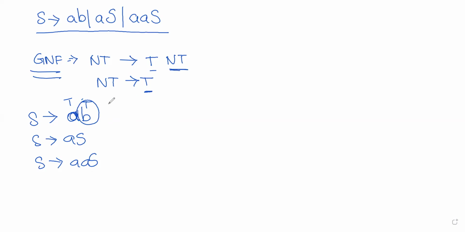Instead of this, I'm creating a new symbol called X, a capital X, that is non-terminal, and I'm saying it will be holding the value of small b.